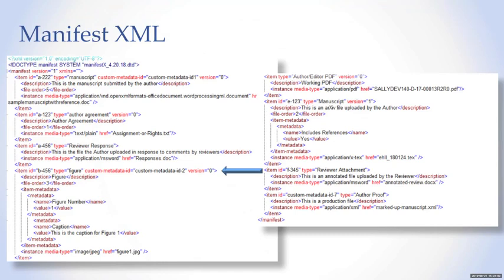We can show some file order. We can include some other metadata, so you can see I have a caption and a figure number for this element. And we just really need some kind of an item for every file.